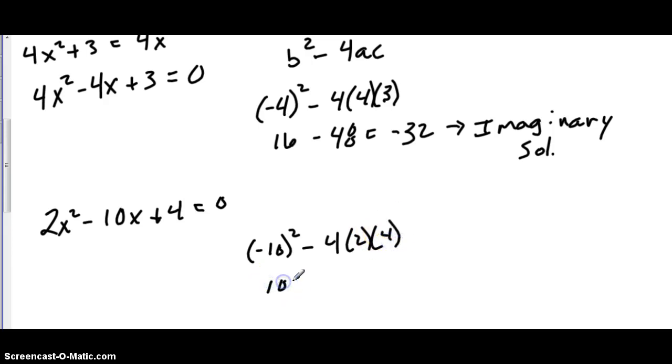And that's going to be 100 minus 4 times 2 is 8, times 4 is 32. That's going to equal positive 68. So that means we're going to have 2 real solutions.